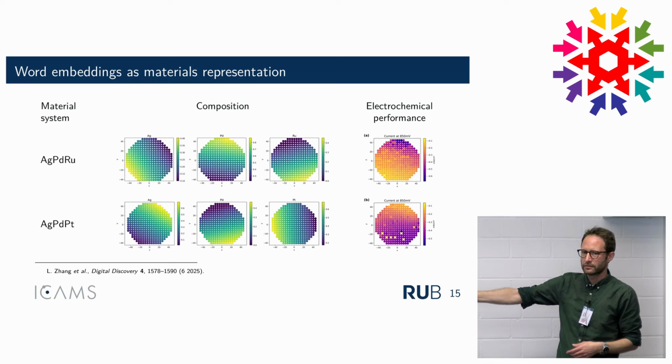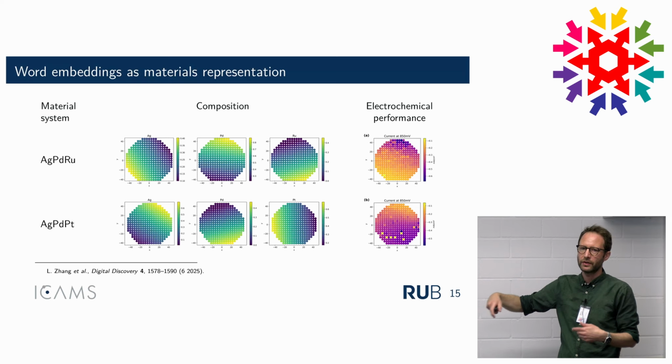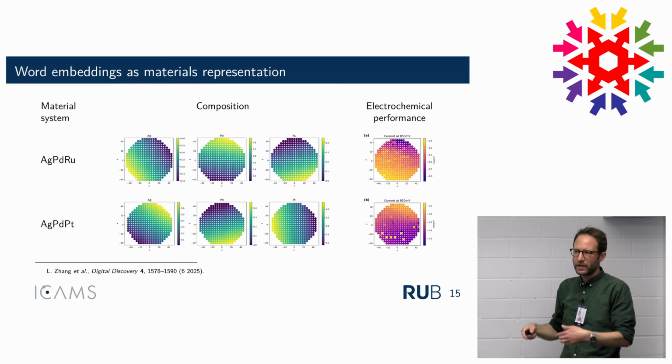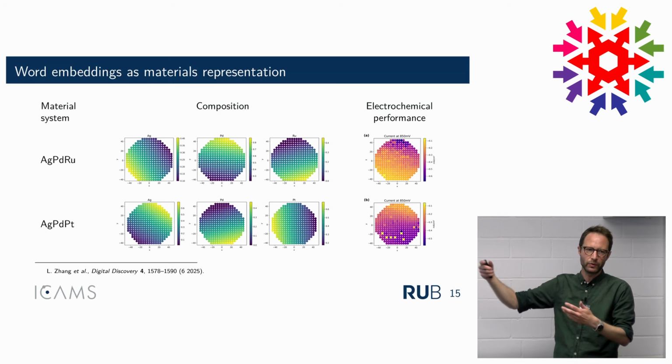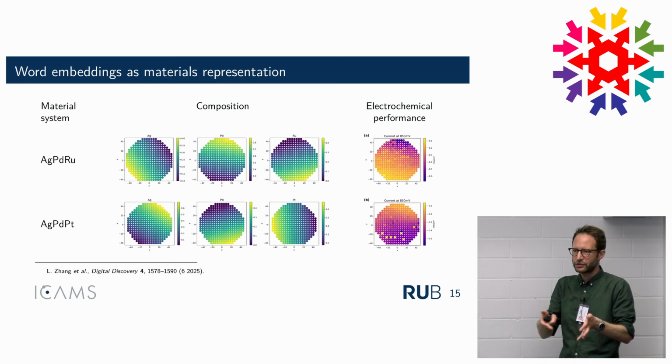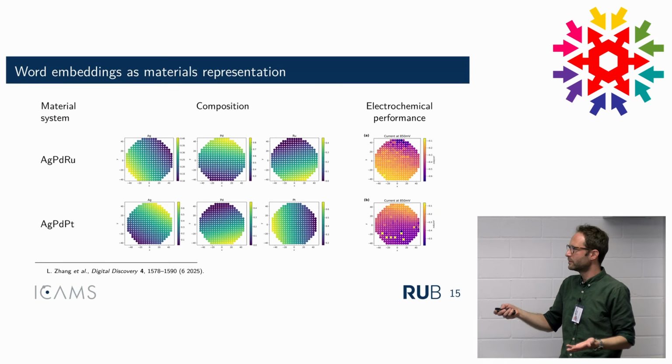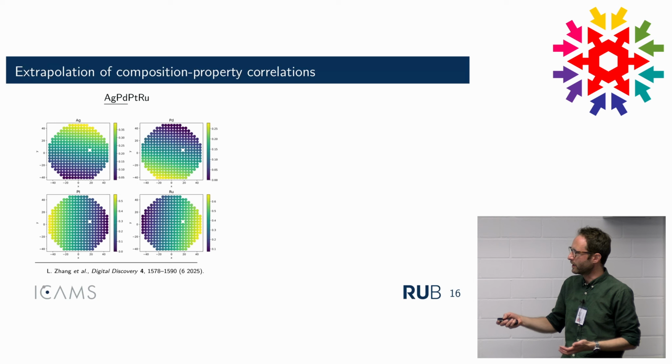So they share 2 elements, but the third one is different, and they have a different electrochemical performance. And now the question was, can we train a model based on the 2 ternaries and extrapolate into the quaternary, which would mean we learn from correlations and then put that into a higher dimensional space, and maybe can say if it's worth exploring that.